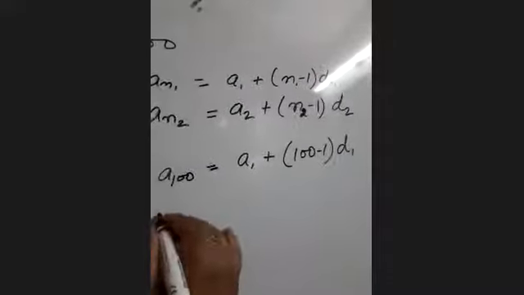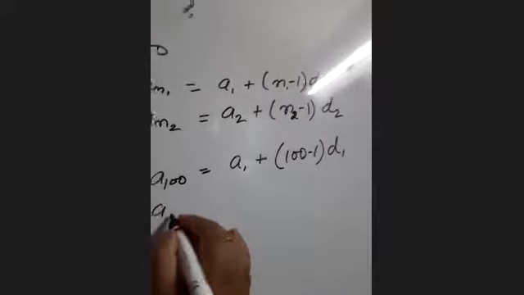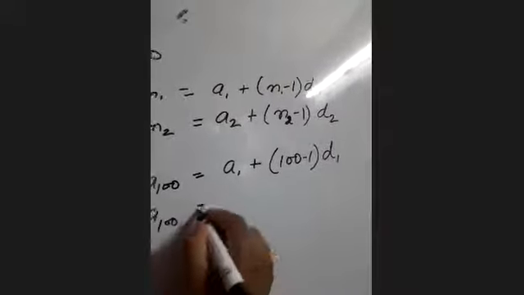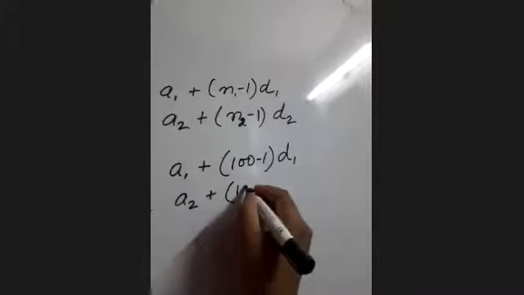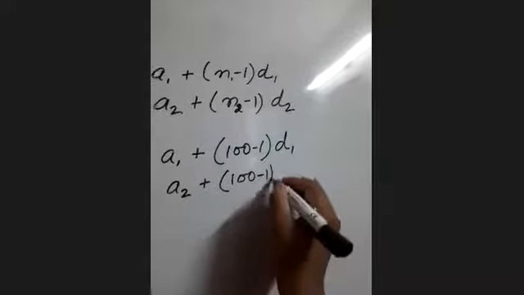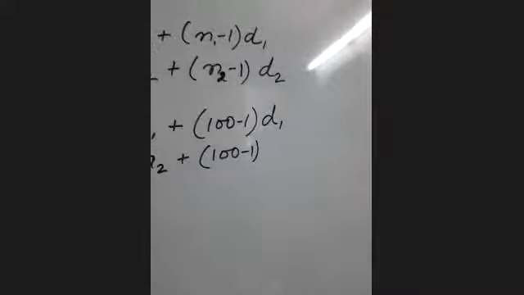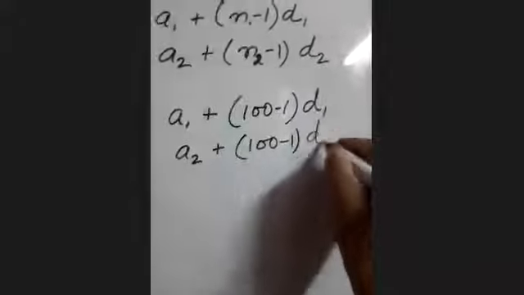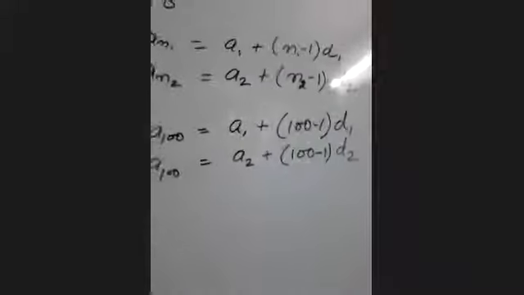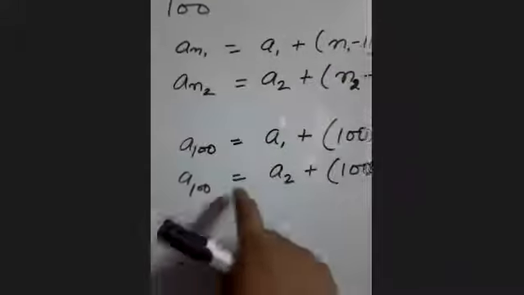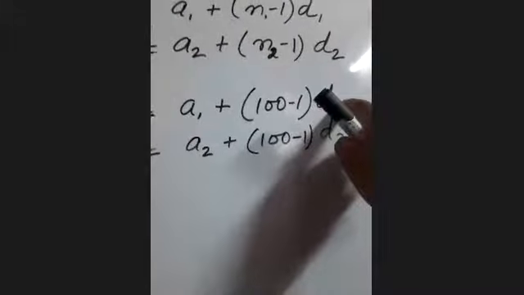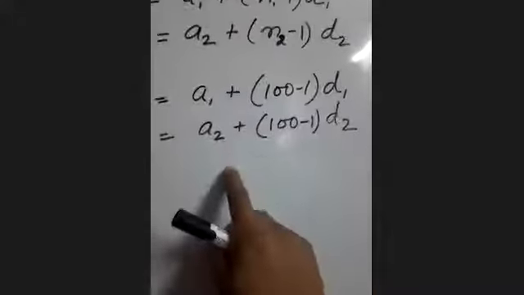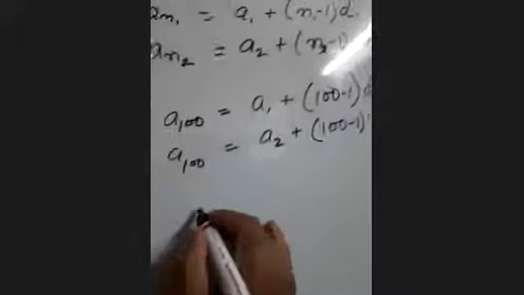And the other one can be written as a100 equals a2 plus (100 minus 1) into d2. Now the question says that the difference of both these terms is 100.